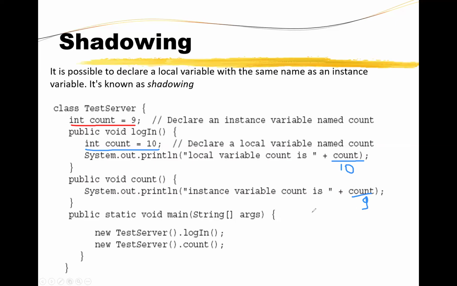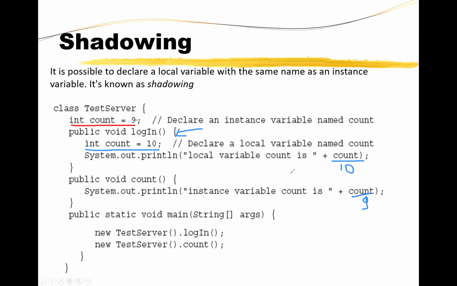Right. Then by any chance, can someone tell me, inside the login method, if you want to print the instance variable count value, how can you do it? What is the modification you have to do for this? Yes, correct.